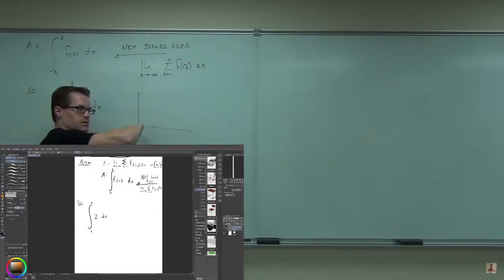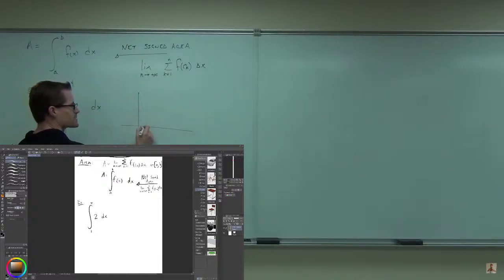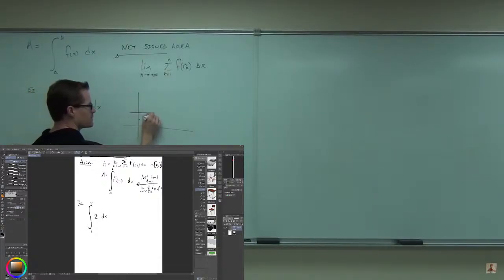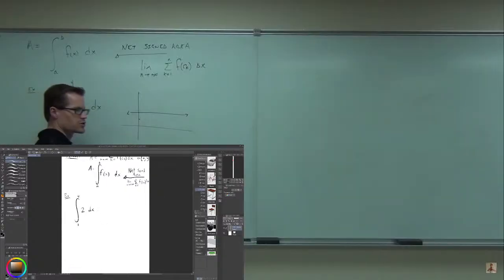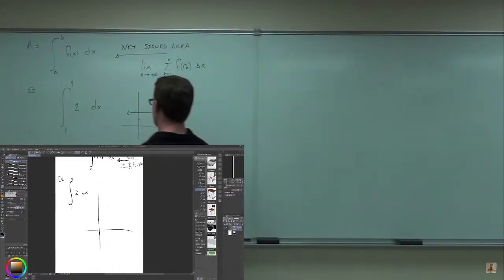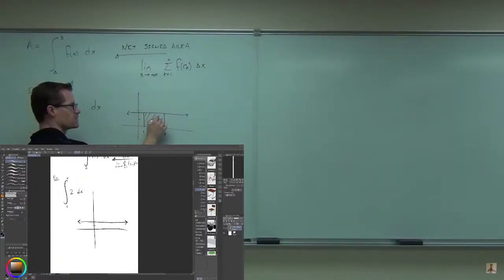So basically a horizontal line is what you probably mean by that. So this is our 2, our y equals 2, our f of x equals 2. And we're going from 1 to 4. This, folks, is what this integral represents. It's this area right here.